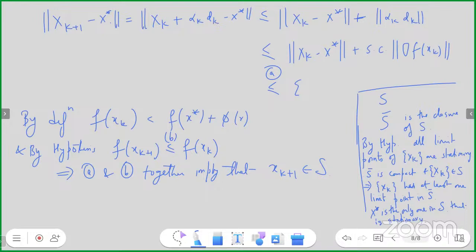Thus, for some k, once xk is in S and xk plus 1 belongs to S, this implies the convergence. That's what I want to say.